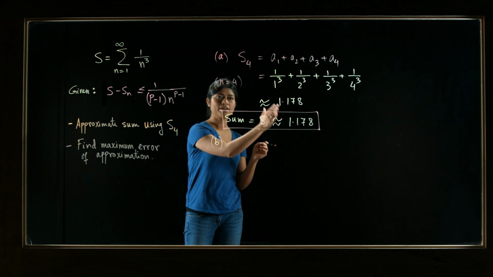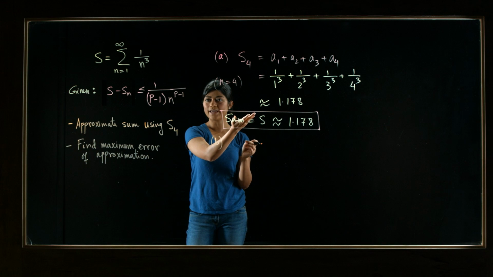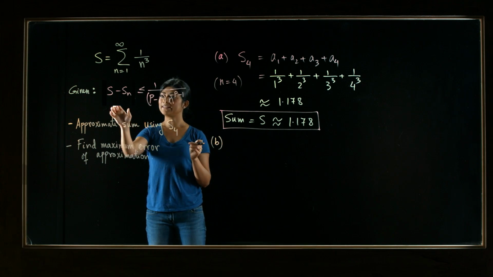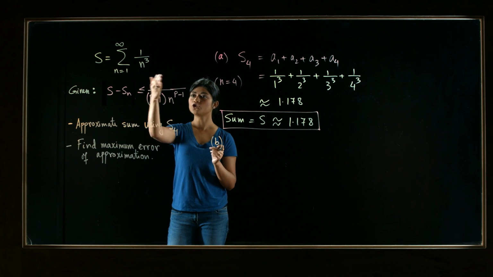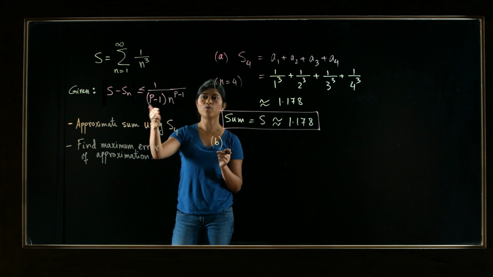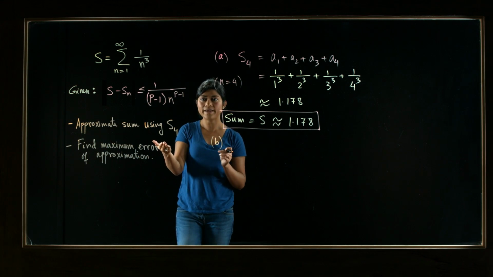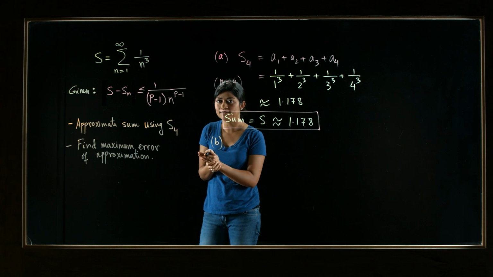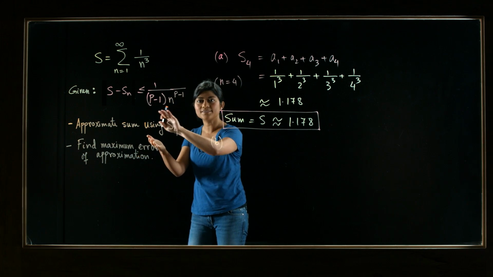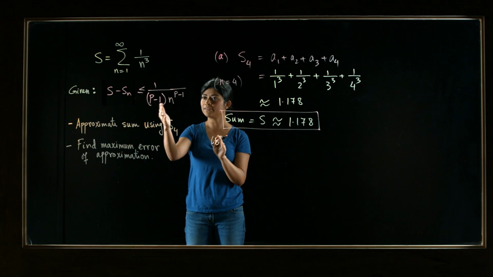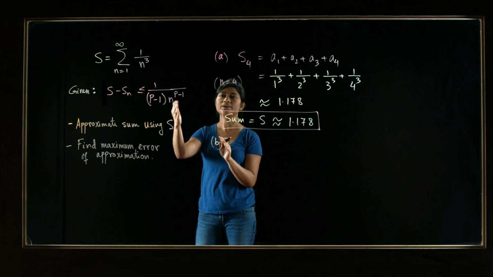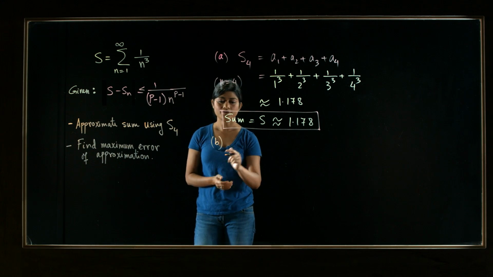The actual sum and the approximate value. And we are given that the difference of those two values, which is the error, is not bigger than this quantity. So the maximum error that we can have is this particular quantity. All we have to do is plug in P and n, and then we can get our maximum error.